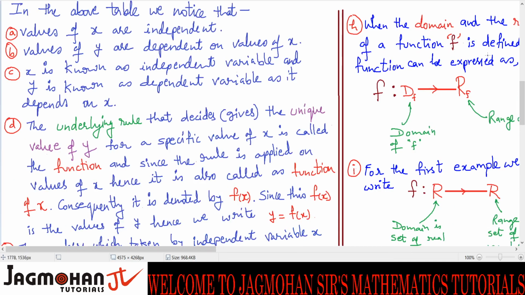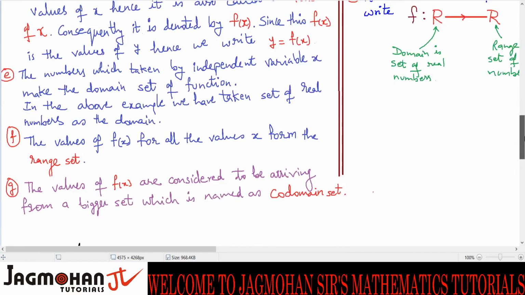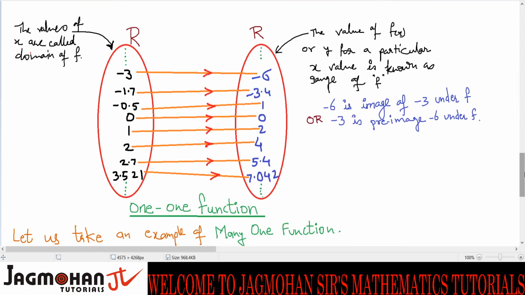I had already explained that y equals 2x is a one-one function. It is the same function y equals 2x, where f is from R to R, and it was also a one-one function.